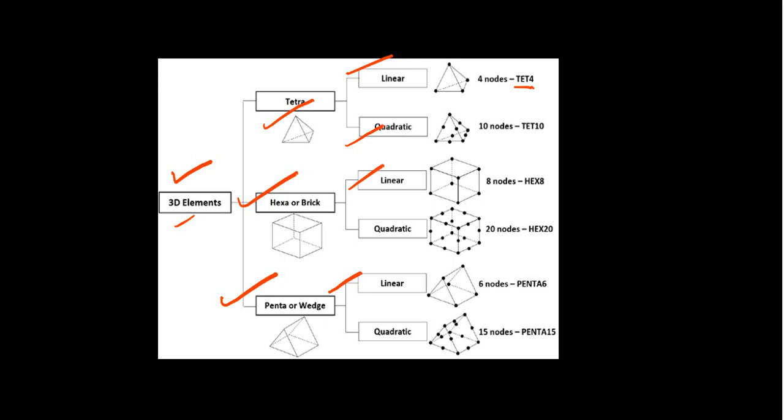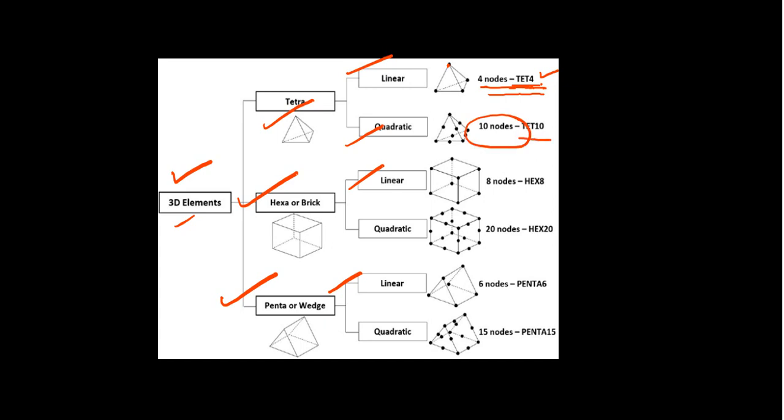The base is a triangular element and there is an apex at the top. This is a four-noded tetra linear element, which in software is taken as TET4. Now the quadratic tetra element: between the nodes again one more node is added, so in total it becomes 10.